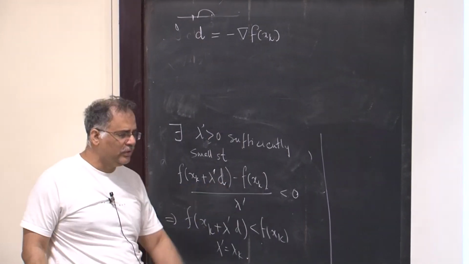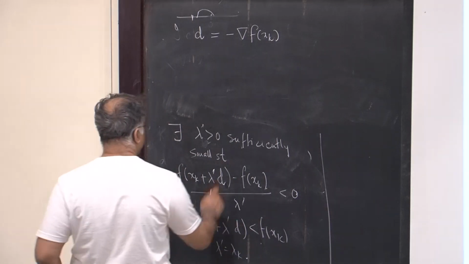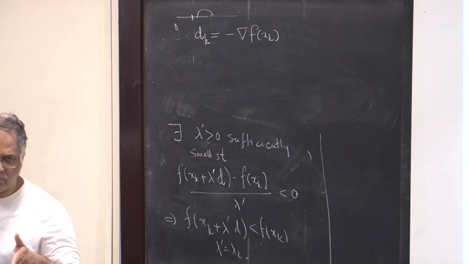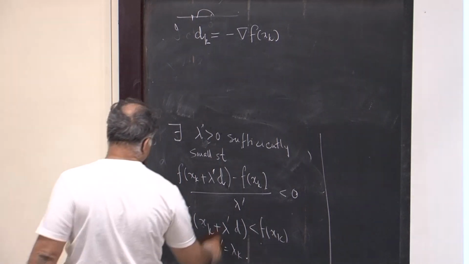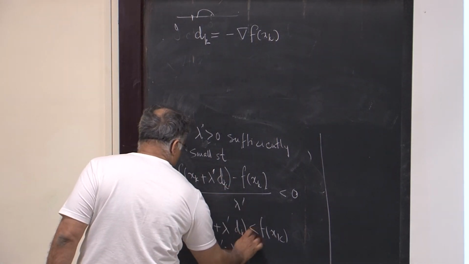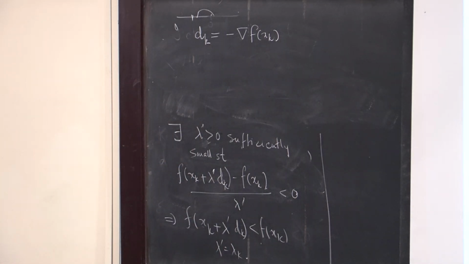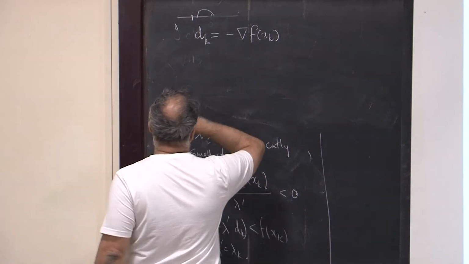The direction to move from the k-th iterate. If you want, you can put d k here also, because I was just concentrating on the point x k, so I did not specifically write d k. Here I will have points x1, x2, x3, x4 like that. So here you have d k.